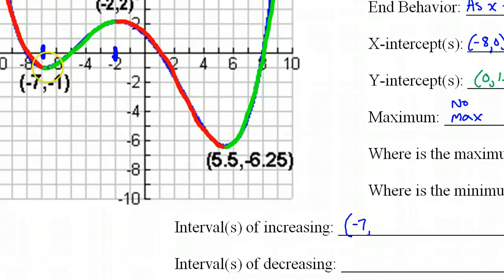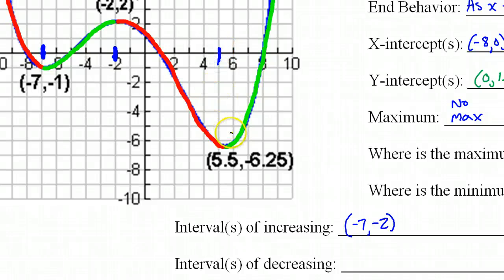It's neither increasing nor decreasing right at the borderline. So we won't include the -7. But everything between -7 and -2 is increasing. It's all green.